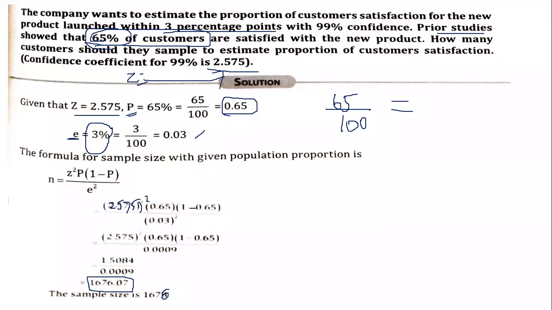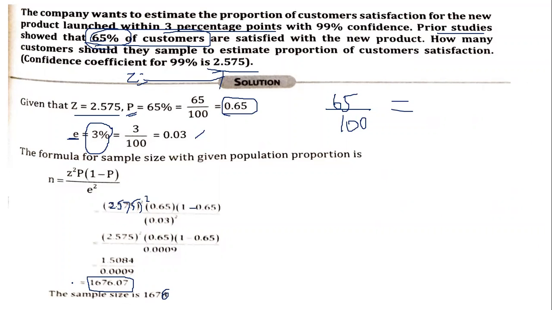Correct this also. You cannot round it off to 2 numbers and all. So you can just round it off to that number, and moreover it is 1676.0. The number is less than 5. So the sample size is going to be 1676. So 1676 is the number.